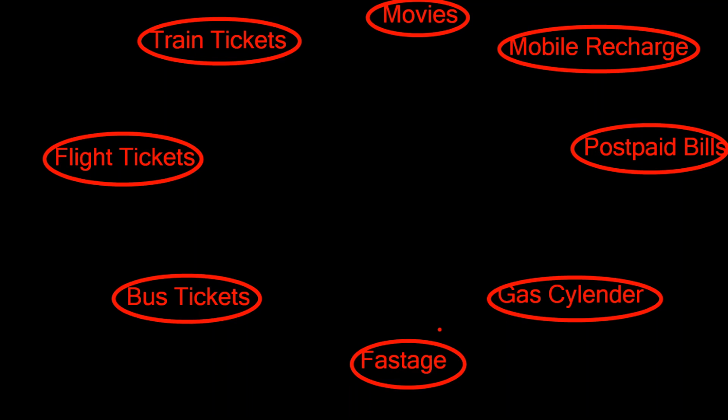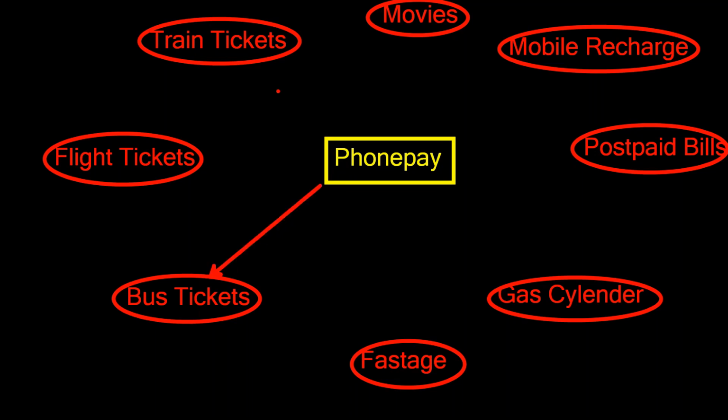But nowadays, whenever we use PhonePe or Paytm, there is no need to install all these apps, not the flight, bus, train, movie, recharge, postpaid bills, gas cylinder or FASTag apps. Only one app supports all the services.